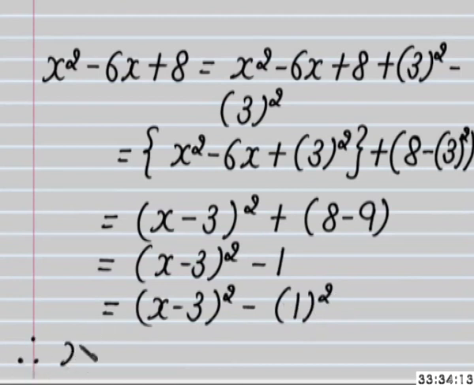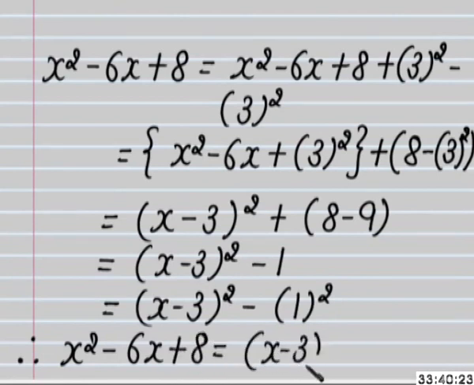So therefore x square minus 6x plus 8 is equal to x minus 3 whole square minus 1 square.